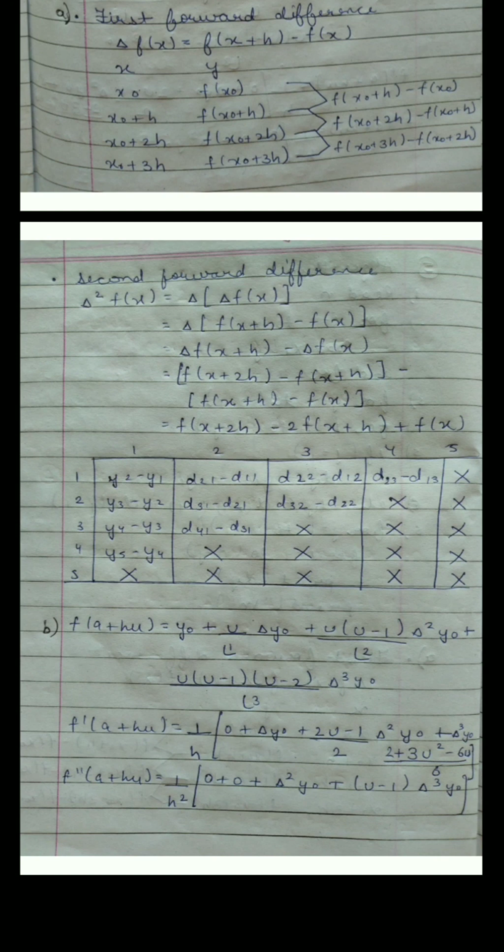Now finding the first and second derivative, the first derivative of Newton's interpolation is 1 by h into delta y0 plus 2u minus 1 upon 2 delta square y0 plus 3u square minus 6u plus 2 upon 6 delta cube y0. The second derivative is 1 upon h square delta square y0 plus (u minus 1) delta cube y0.